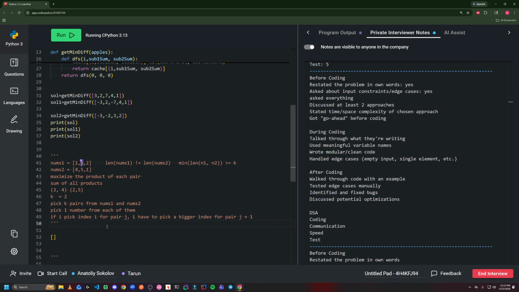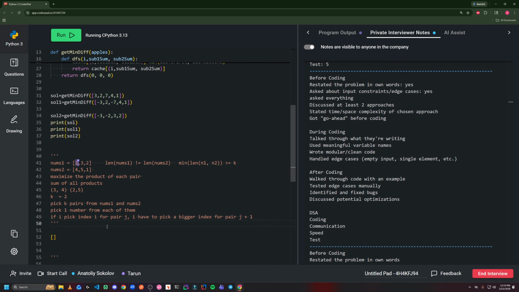So if I pick 3 and 5 for the first pair, for the second pair I can just pick 2 and 1, but that is not the answer, because I need to pick 3, 4 first and then 2, 5 next. This is also related to each number.